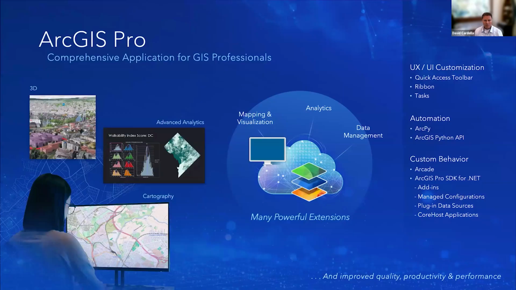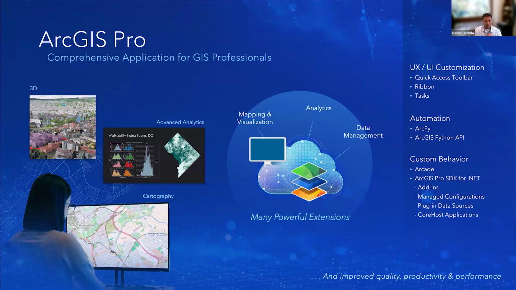The first up is ArcGIS Pro. You can customize ArcGIS Pro without using any code. So really, Pro is a platform that you as developers can use to customize in different ways. Without code, you can change the user experience, the UI, simply by interacting with a configurable UI itself.